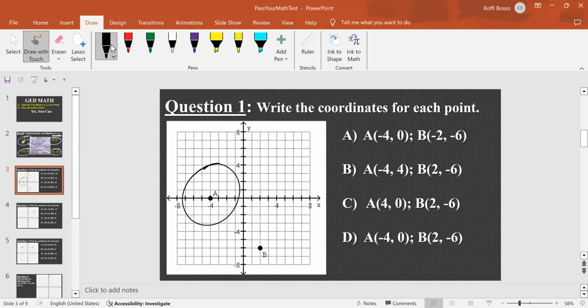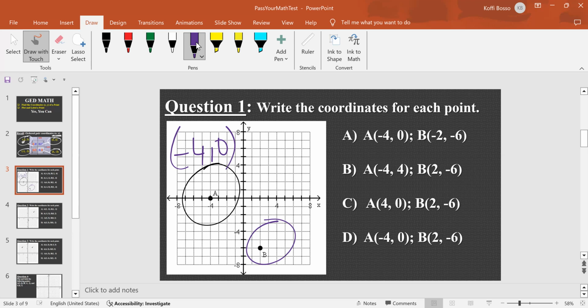And the x value is that number we are seeing here. So point A will have a negative 4, 0. Negative 4, 0 for point A.